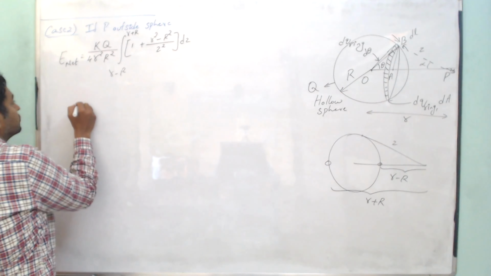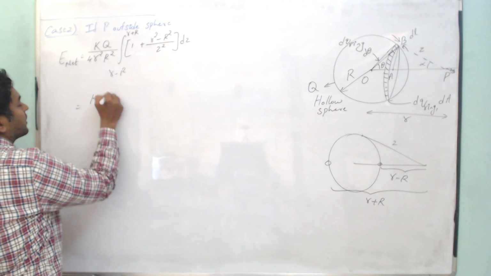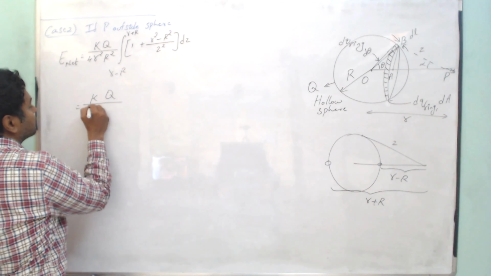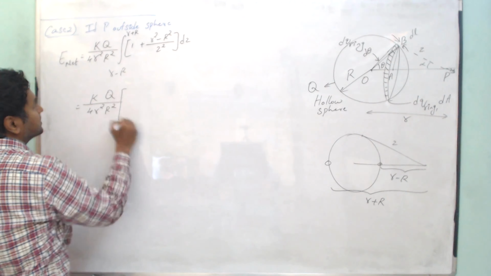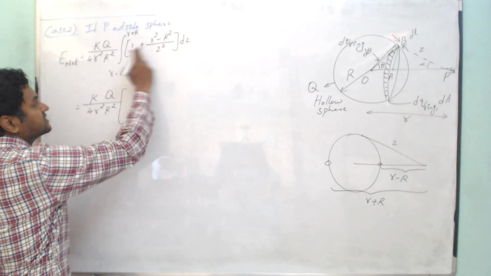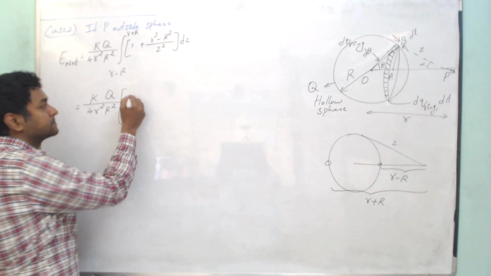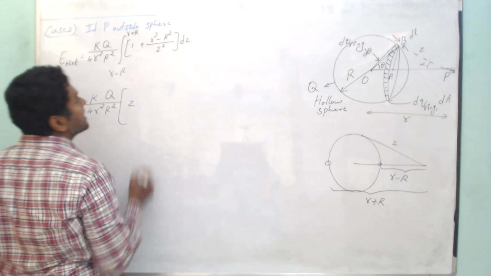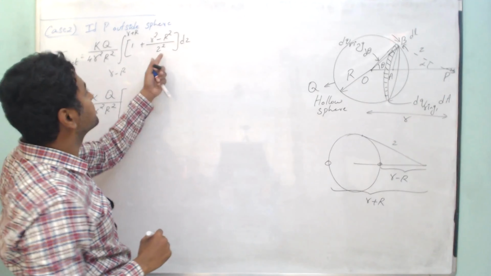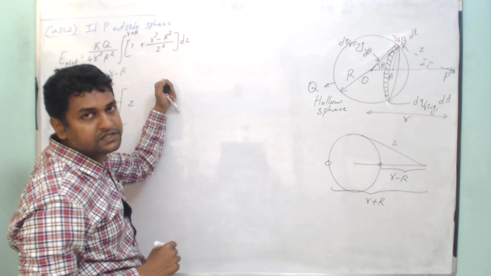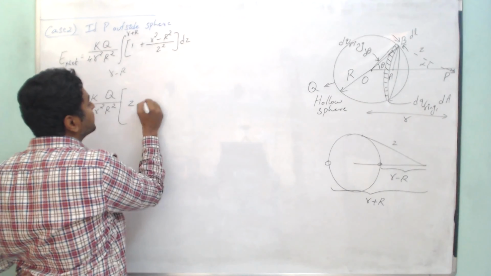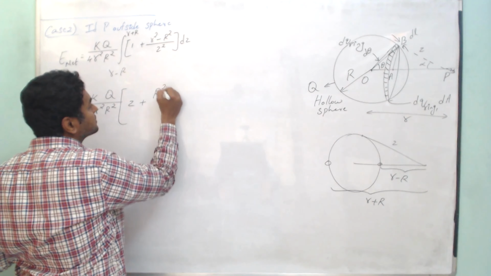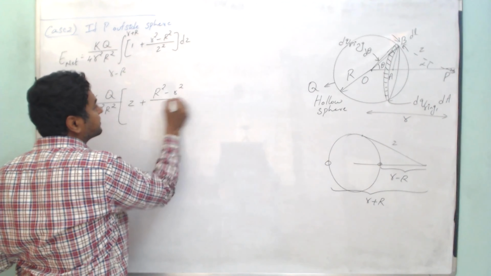Is equal to K capital Q by 4 r square. See, the first integral dz is Z. And integral dz by Z square is minus 1 by Z, which eventually we made plus over here and wrote as r square minus R square by Z, right?